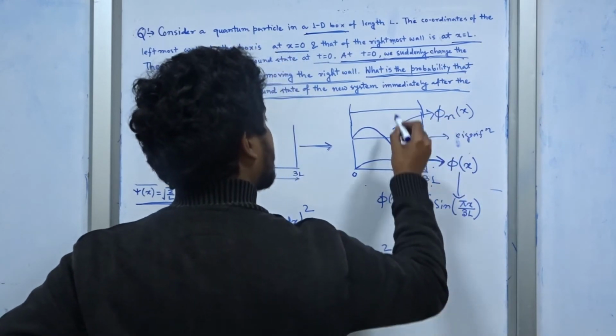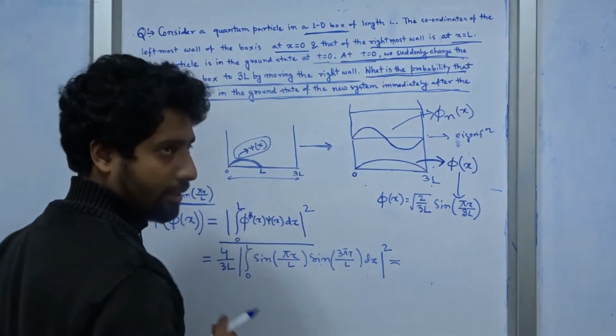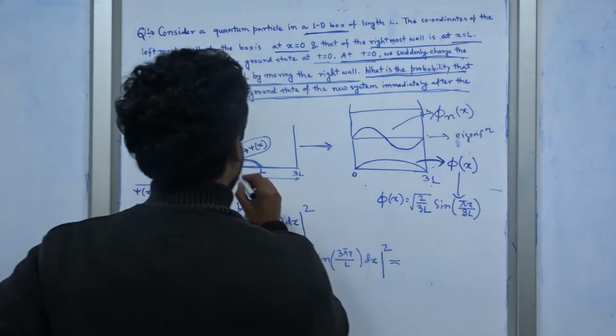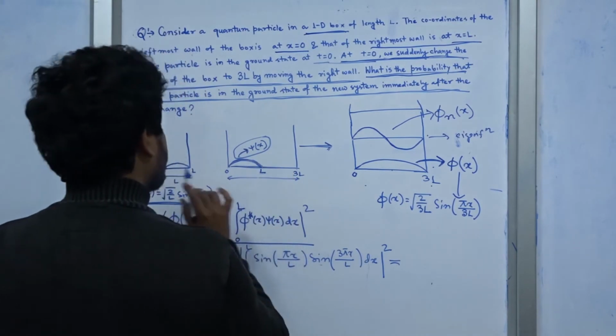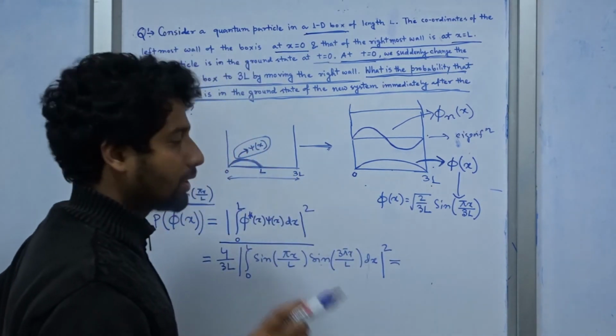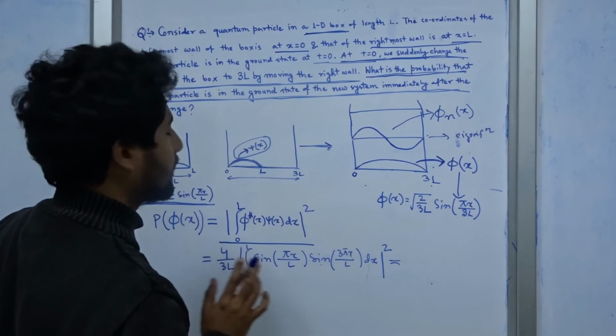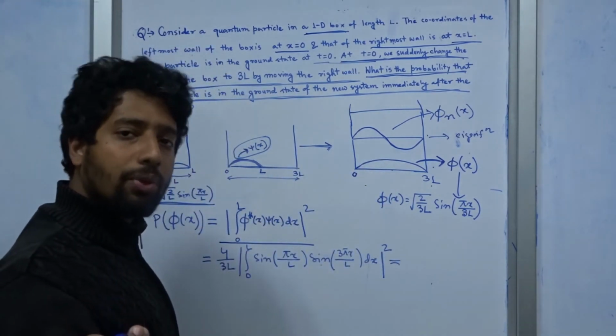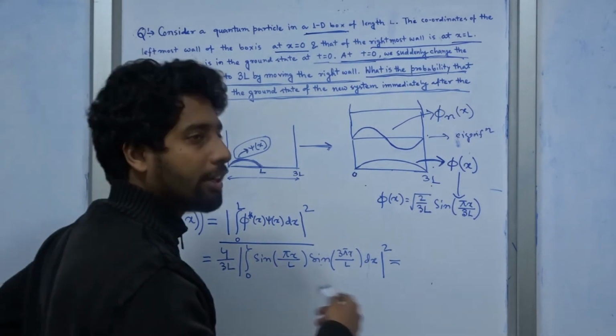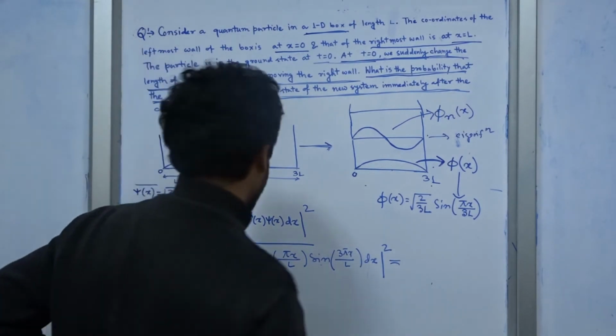So all these eigenfunctions form a basis, correct? And I can think this psi of x, my initial wave function, is some arbitrary wave function which remains in its actual state. Now I can write any wave function in a given basis. I can expand any wave function in a given basis, correct?